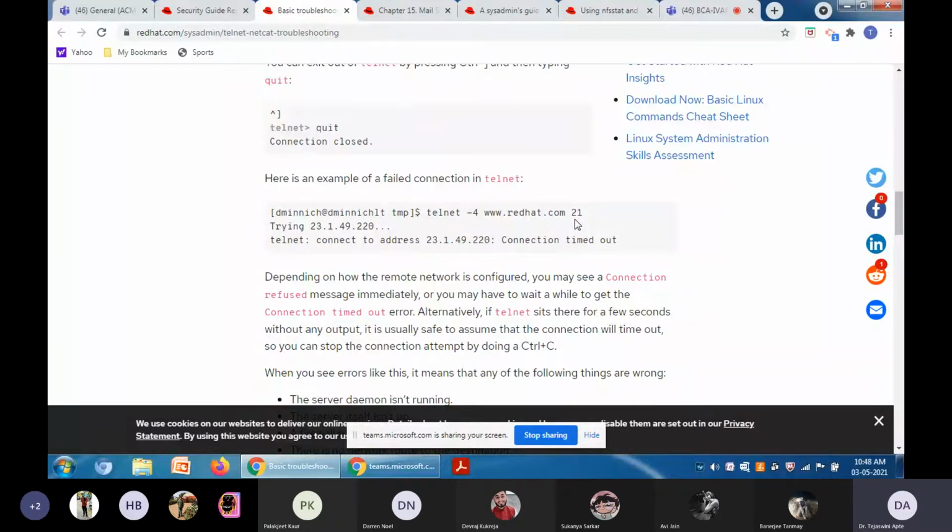I can see the same thing we were discussing with netstat as well. With telnet, I'm able to see which particular port number is available. I can reach 21, and I can reach 80 as well.